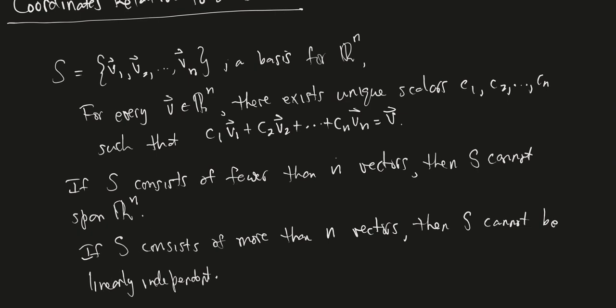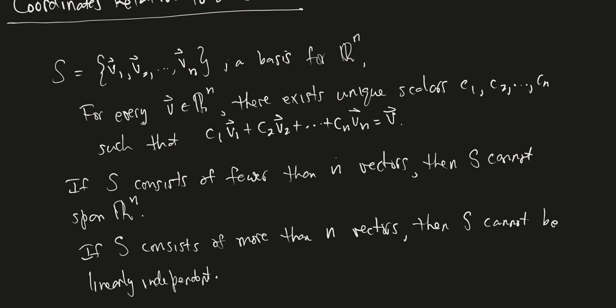So these are important facts to keep in mind: when we talk about a basis for Rn, you know exactly how many vectors have to be in your set. If you have too few, you can immediately say the set does not span Rn. And if you have more than n, then definitely the set will not be linearly independent.